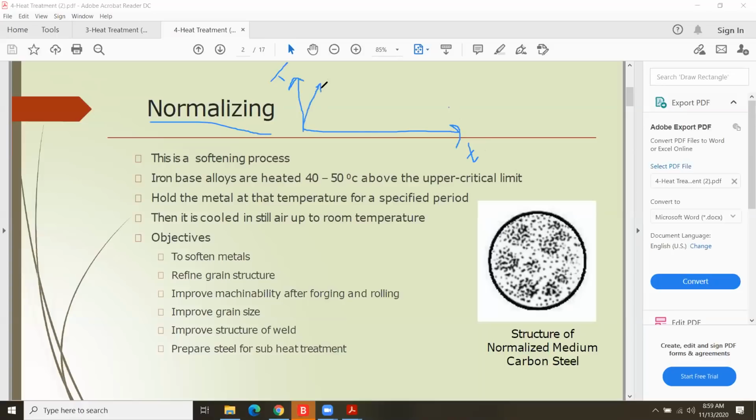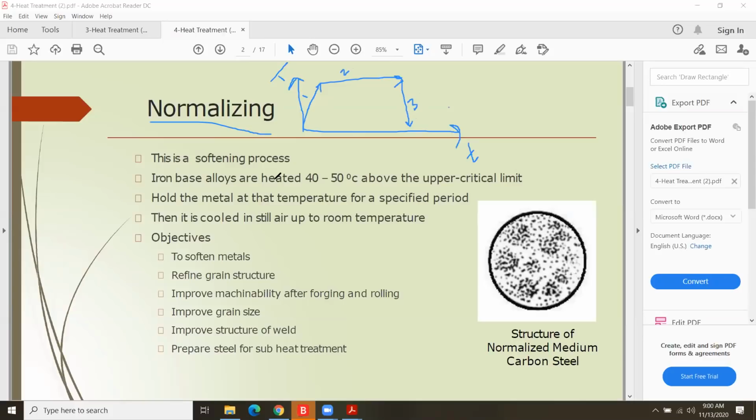Heating stage, then soaking stage, and then cooling stage. First stage, second stage, this is the third stage, right? So what am I doing during this heating process, the first process?